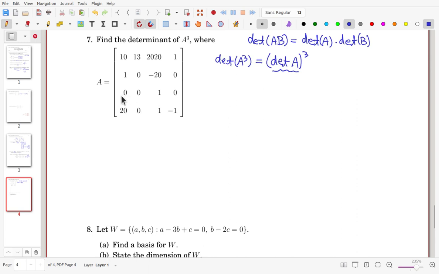Now this third row has 1 here and 0. So let's try to use this cofactor expansion, eliminating the row and column, so that the determinant of A is the same as 1 times minus 1 to the power of 3 plus 3, since this is the 33 position, times the determinant of the submatrix 1, 0, 13, and 1, and 1, 0, 0.